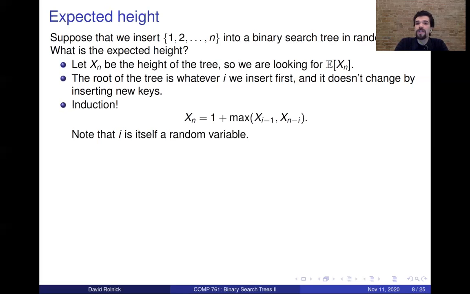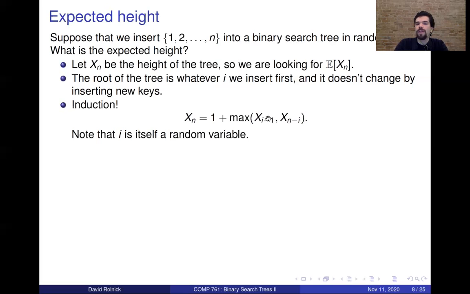So this is a recursion, basically. We're saying, suppose we insert n things in a random order. We can express that in terms of the random order in which we inserted the numbers 1 through i minus 1, and the random order in which we inserted the numbers i plus 1 through n.